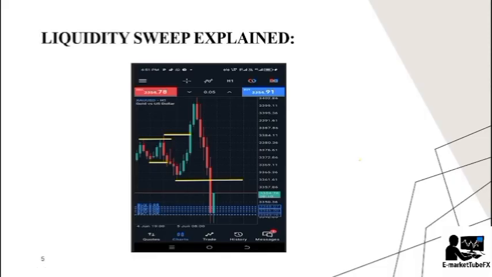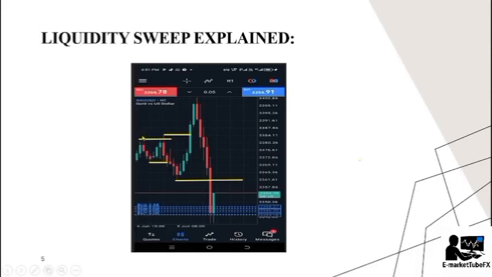Let me also add that it is not only traders who are selling the market and have their stop loss that these market makers trigger. We have other traders who are hoping that as price breaks this particular resistance, the market will continue buying.